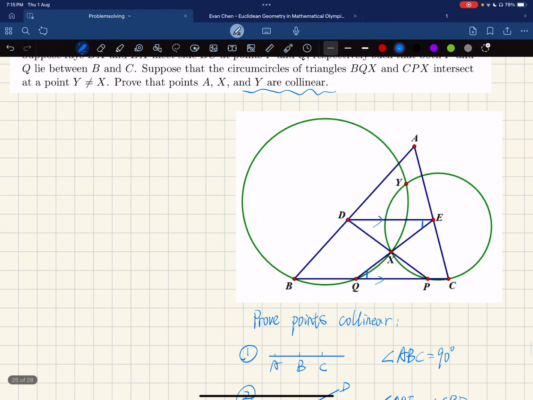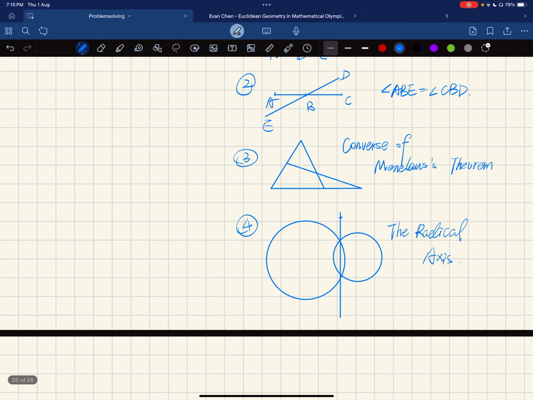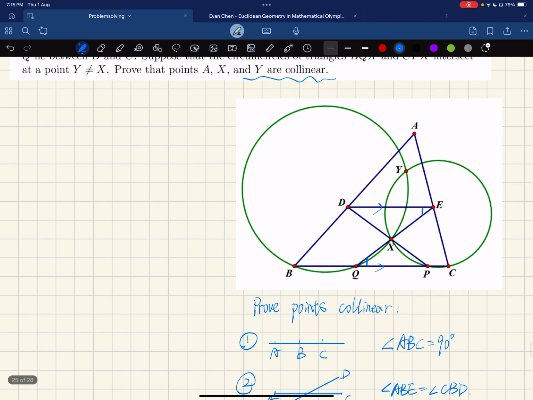For now, what is the radical axis? I will explain it here. Radical axis is defined for 2 circles. If we have two circles, omega 1 and omega 2, for the 2 circles, there are 2 intersections, say A and B. What is the radical axis?